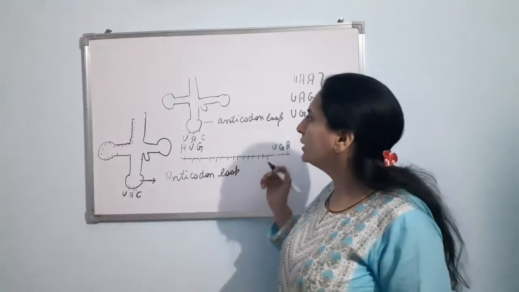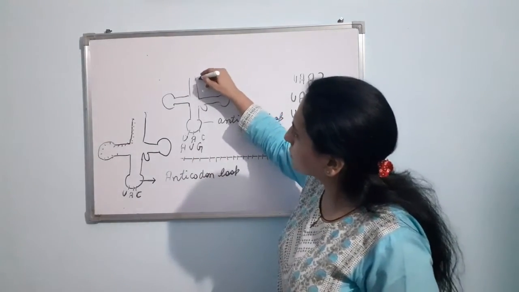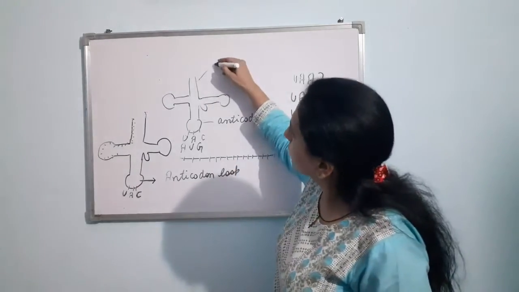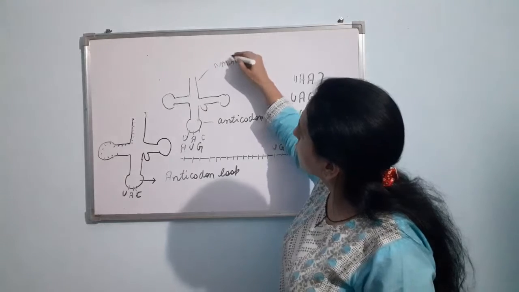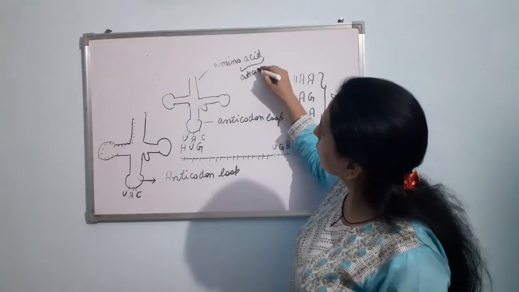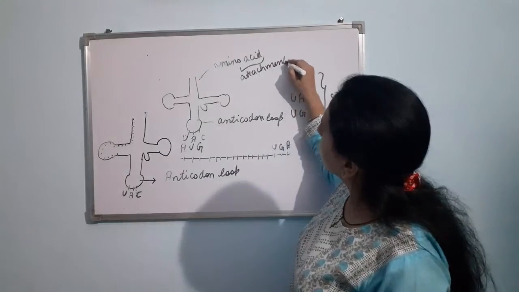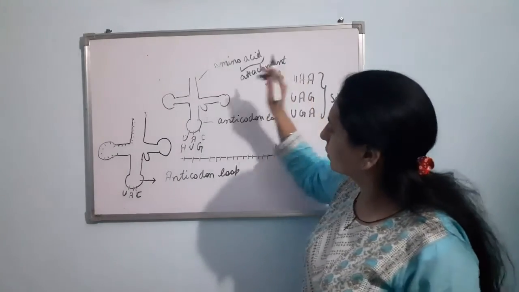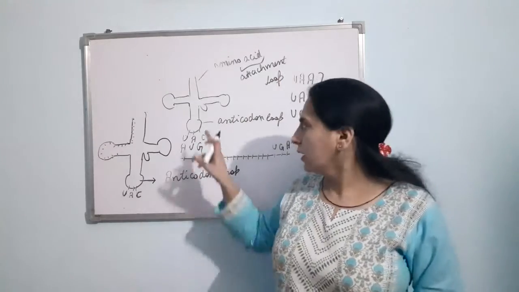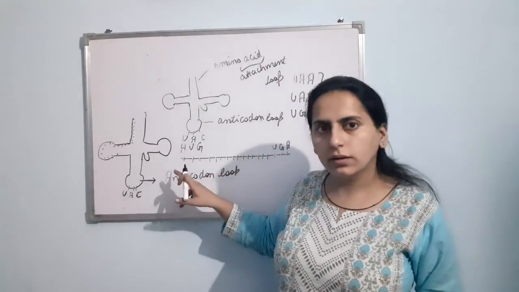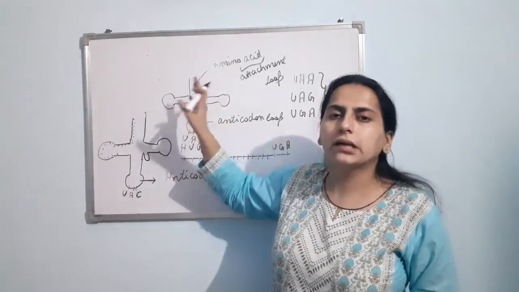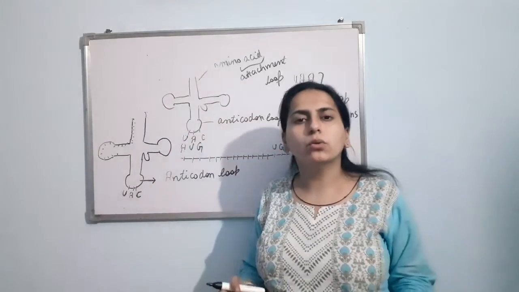Now, next point, this arm is known as the amino acid attachment group or loop. Now, what will happen with the help of the anticodon loop? It will read the code, and at this end, amino acids are going to bind.